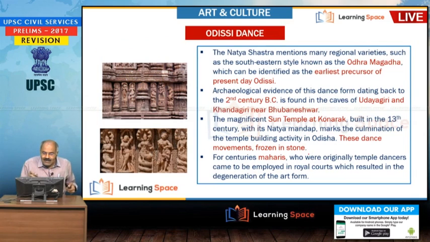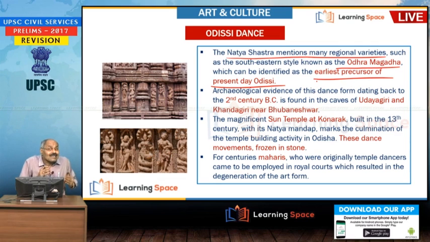Odissi dance: the Natya Shastra mentions many varieties, such as the southeastern style known as Vadramagadha, which can be identified as the earliest precursor of present day Odissi, and archaeological evidence of this dance form dates back to Udayagiri and Kandagiri caves.